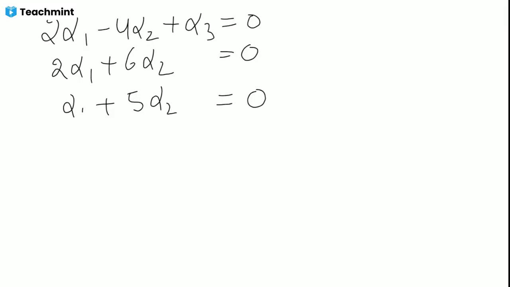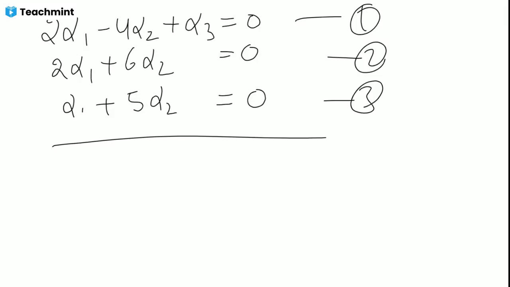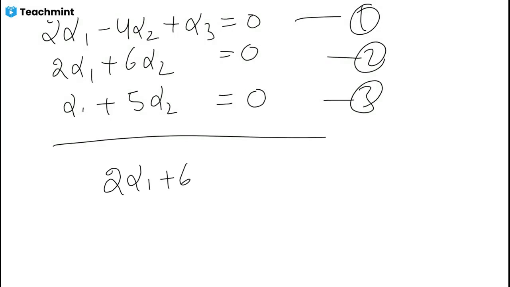We can just subtract, taking equations 1, 2 and 3. If you subtract equation 3 from 2, what will you get? You will get 2 alpha 1 plus 6 alpha 2 minus alpha 1 minus 5 alpha 2 gives 0.